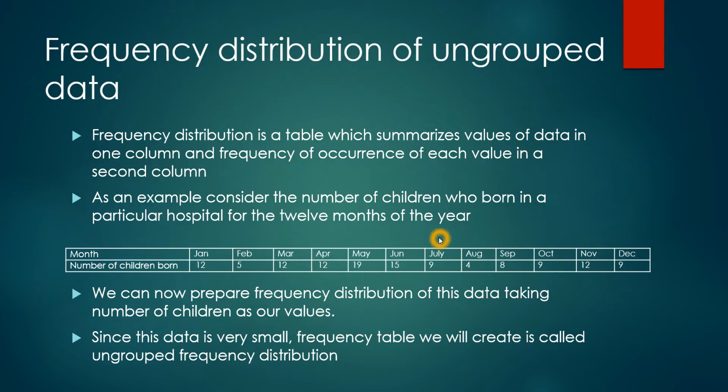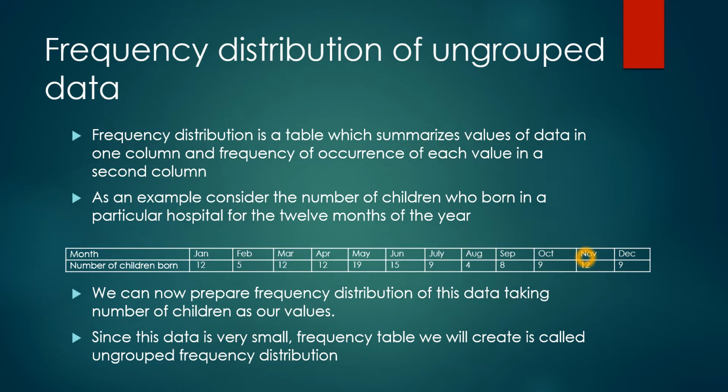Of course, we have more. If you look all the way on the right, November is also 12 children. So for the value of children equal to 12, the frequency that corresponds to that value is going to be 4, because we have 12 children in 4 months. January is 12, March is 12, April is 12, and November is 12. So for 12 children, how many months? 4 months. So the frequency is the number of months, which is going to be 4.